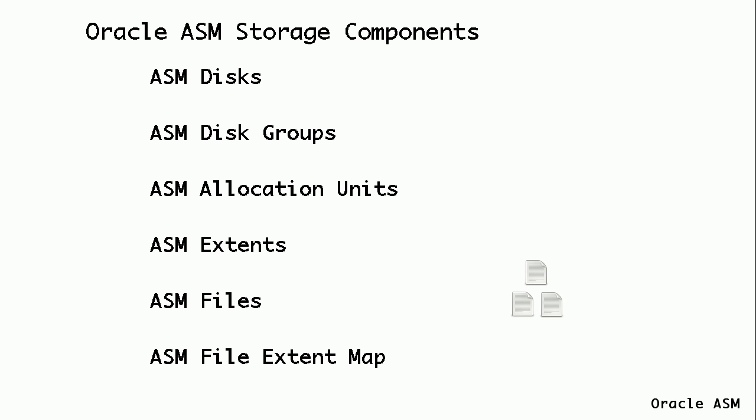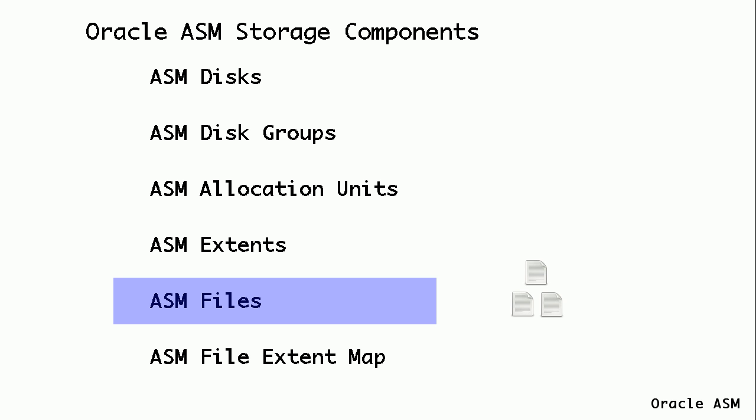Oracle RDBMS stores database files on a file system. When Oracle ASM is used, database files are stored in Oracle ASM disk group, and those files are called Oracle ASM files. Oracle Database communicates with Oracle ASM in terms of files.